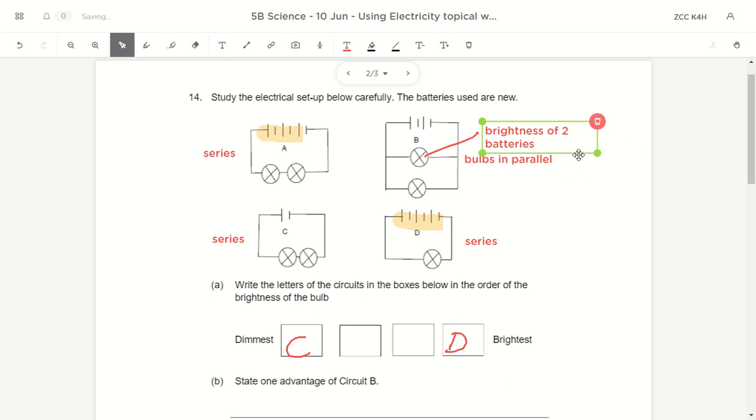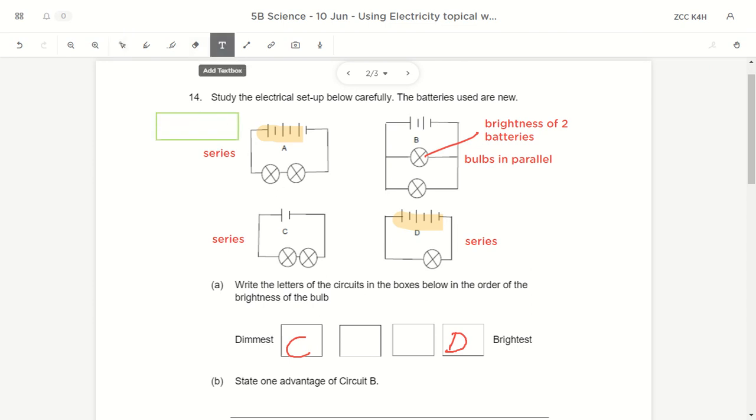Because we know that when you connect bulbs in parallel, the brightness remains the same. So this bulb will have the brightness of 2 batteries. However, when you are connecting bulbs in series, the more bulbs you add, the dimmer it gets. So for A, let's write it over here.